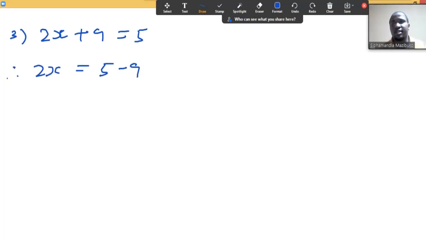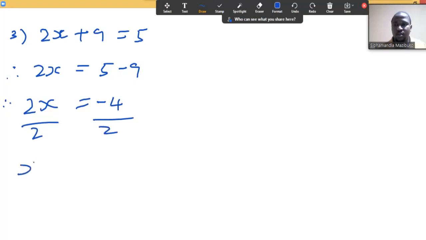We're changing the sign because we're transposing, moving 9 to the other side of the equal sign. So we're left with 2x is equal to 5 minus 9, which is minus 4. So we divide by 2 on both sides, and we get x to be minus 2, because minus 4 divided by 2 is minus 2. So we're done, we solved for x.